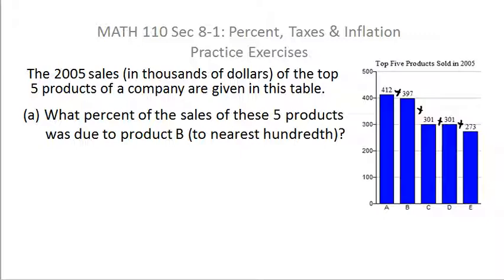I won't waste the video time doing that, but you'll get 1684. And we're comparing it simply to the sales of product B, which is 397.